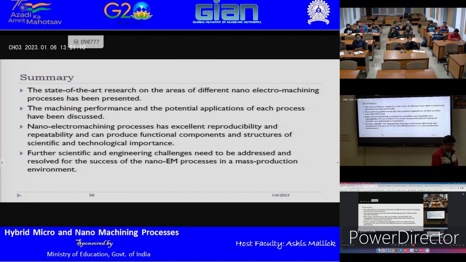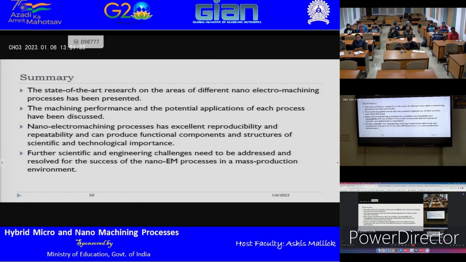Others are lithography based processes, mostly for polymer and silicon, and there are some other processes like focused ion beam, electron beam, and laser that can also give you some nano features. So those are some of the nanomachining processes.